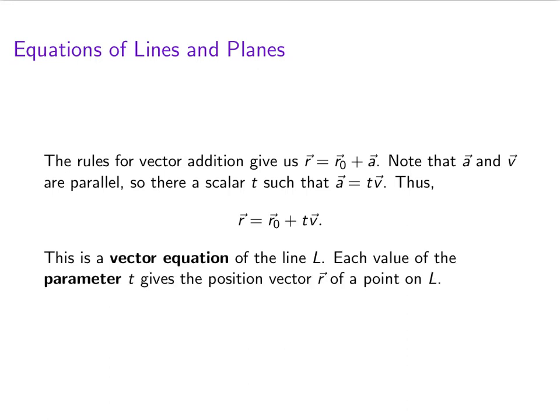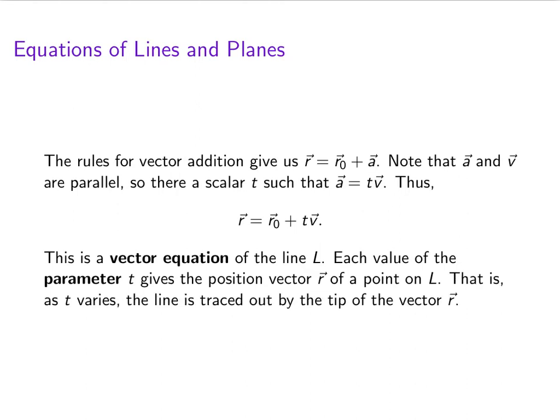So every time you pick a value for t, that's going to give you a position vector for a different point on the line. So r0 is a vector pointing to a starting point. V is what's known as a direction vector for the line. So every time t varies, you get a line that's traced out by the tip of the vector r.